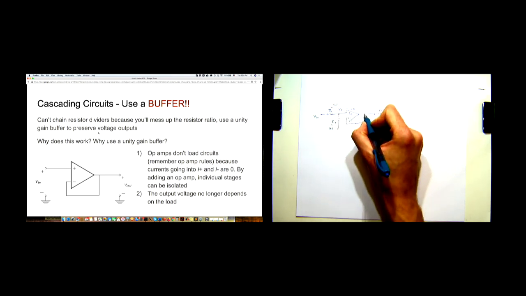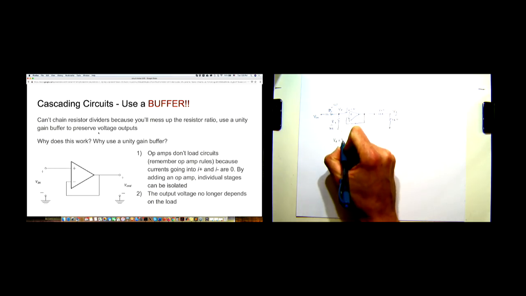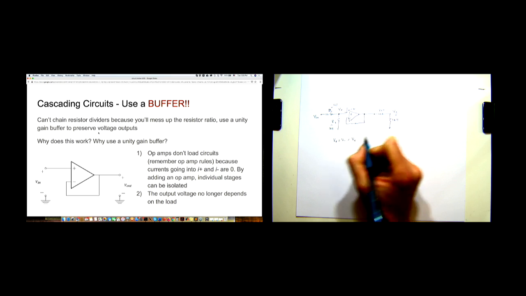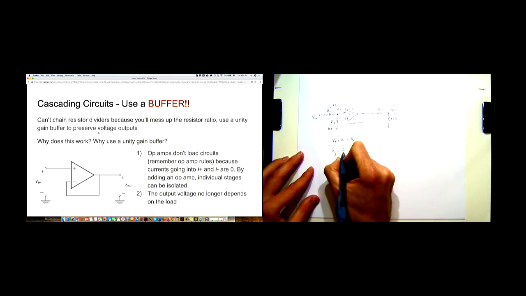And since at this node V plus is equal to V minus is equal to Vx, you can say that Vy is 1/3 Vx, and Vx is 1/2 Vin.